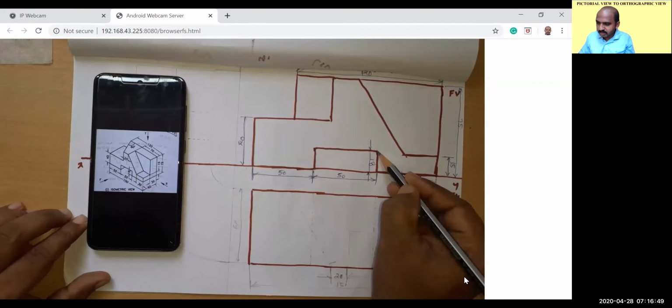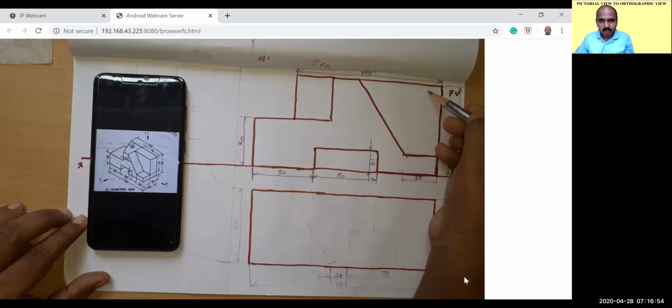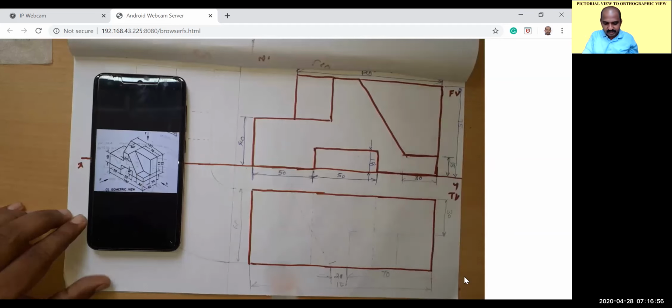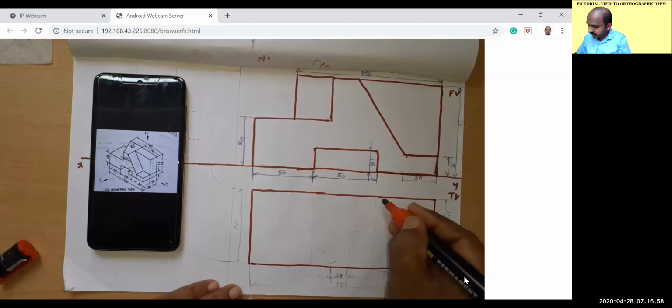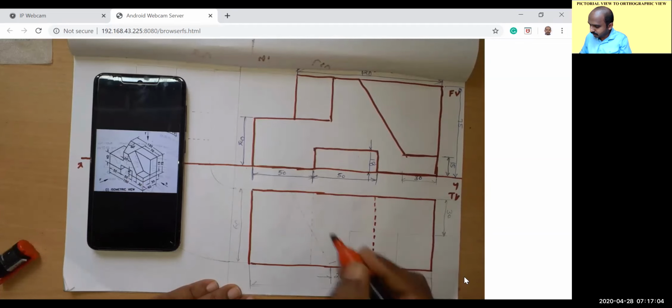This one edge, which connects the front to the back of this solid, will appear as a hidden line in the top view.